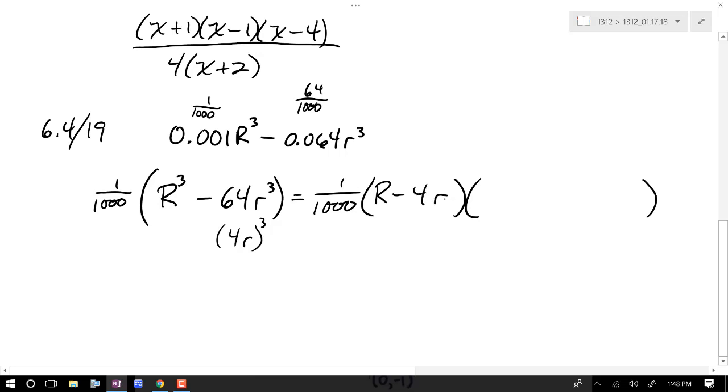And now what does the big factor look like? R squared, plus 4 big R little r, plus 16 little r squared. Yeah, so a big R times a big R, and then in the middle we do one of each, so big R times 4 little r, and at the end, 4r times 4r, or 16 r squared.